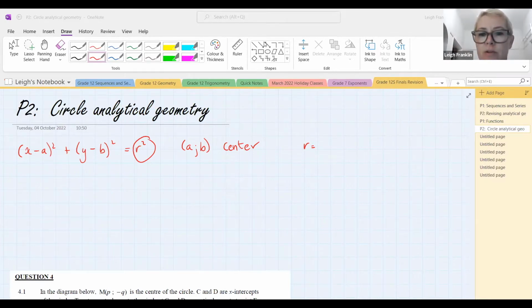For the radius, quite right. So it stands for radius. So therefore, r squared means it is the length of the radius multiplied by itself.